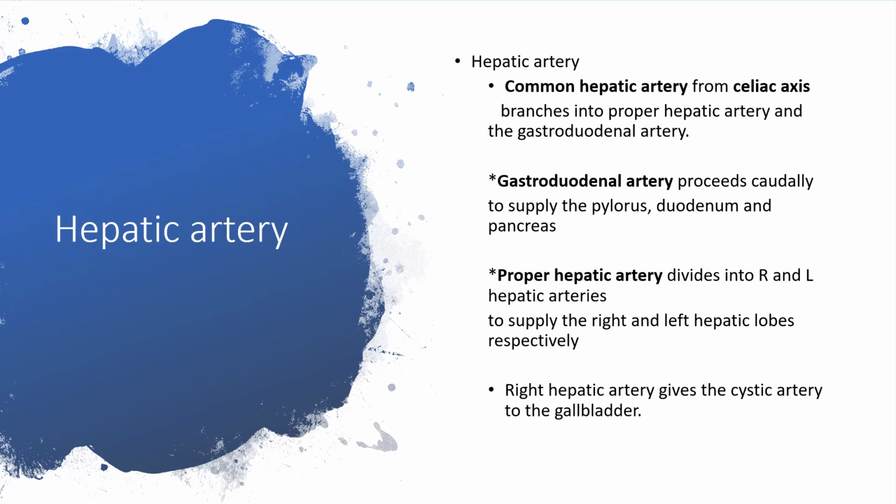The gastroduodenal artery will proceed caudally to supply the pylorus, duodenum, and the pancreas, while the proper hepatic will divide into right and left hepatic arteries to supply the right and left hepatic lobes respectively. The right hepatic artery gives the cystic artery to the gallbladder. You could see that there is a close relationship between the gallbladder and the liver.